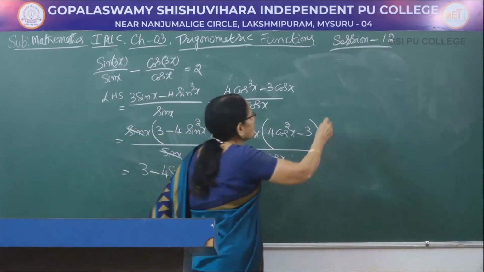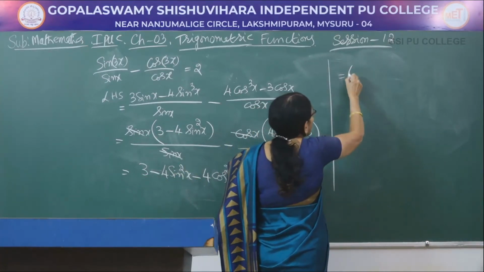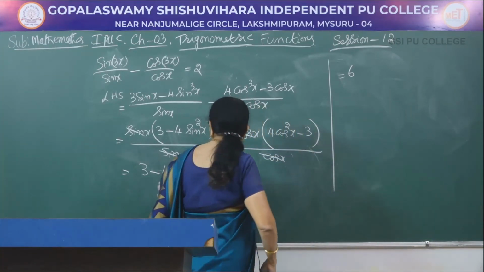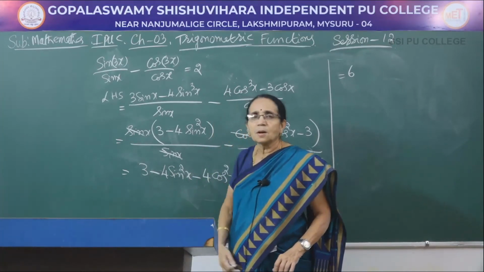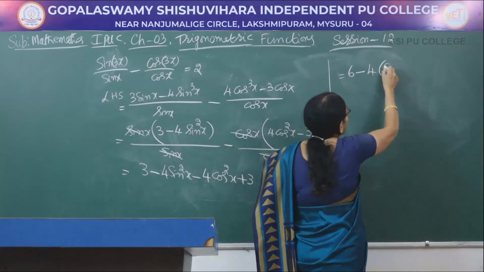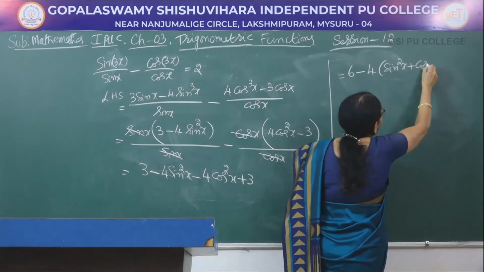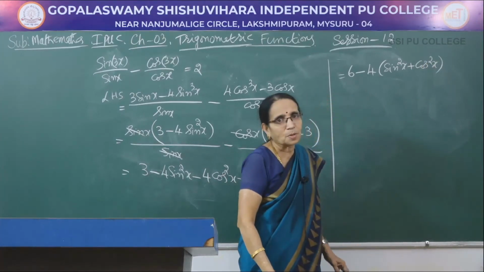Now, let me simplify this one. First, I will add the constant terms, 3 plus 3, that would be equal to 6. Now, look here, minus 4 sin square x and minus 4 cos square x. We can take out minus 4 as a common factor, and since both the terms are negative, when you take out the common factor minus, both of them become positive terms.